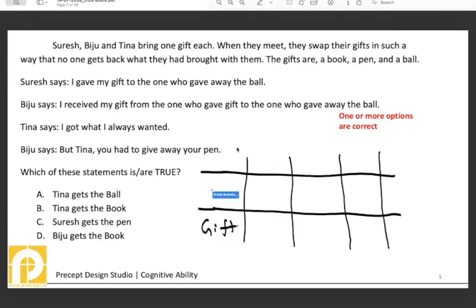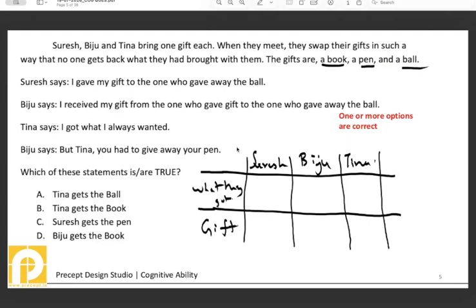This is what they got when they came to the party. This is Suresh, Biju, and Tina. The gifts are book, pen, and a ball.